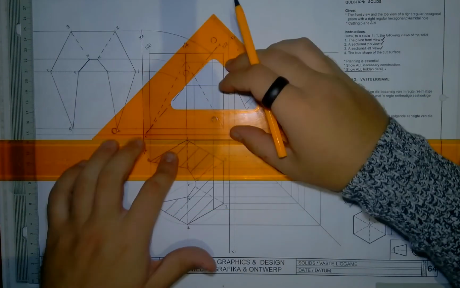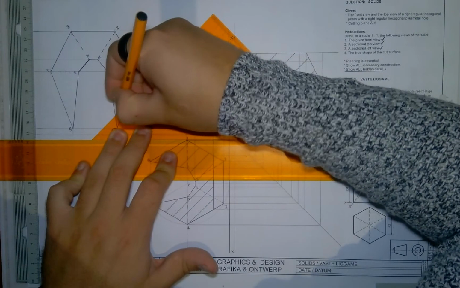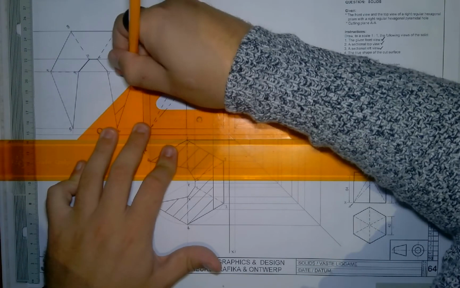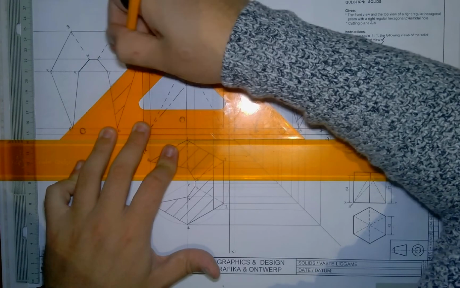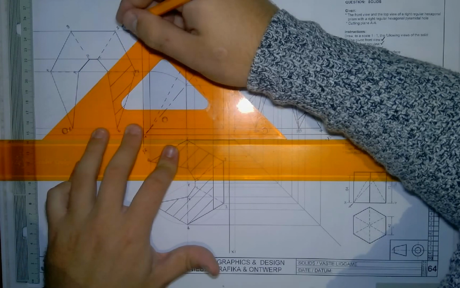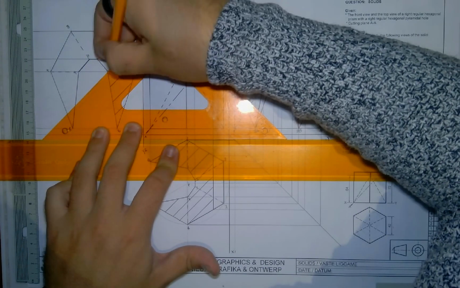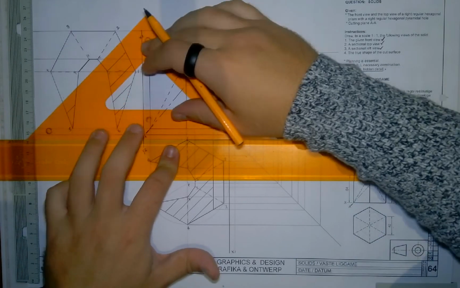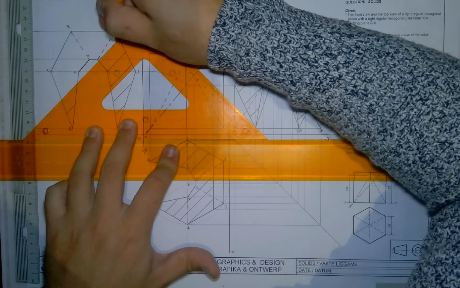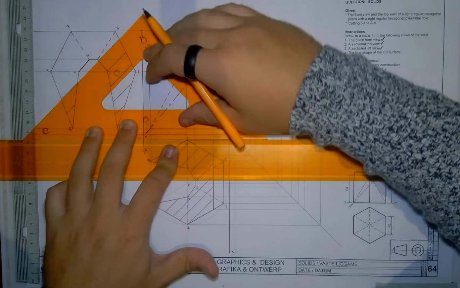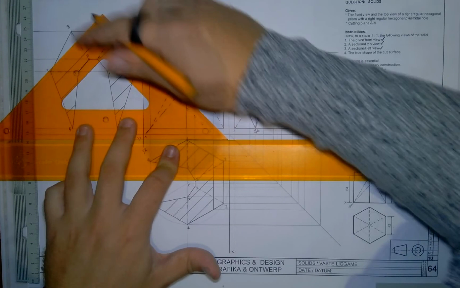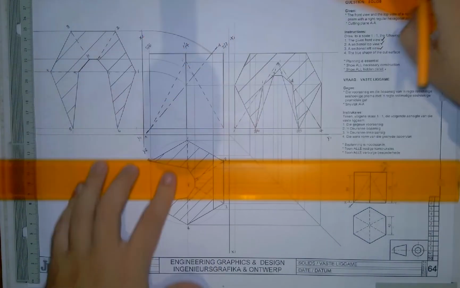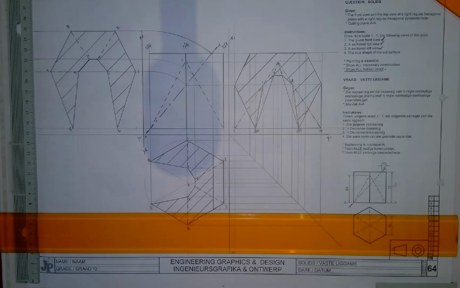Okay, and then not done yet because remember it is a cut, so we have to go and put in our section lines, our hatching. And that is then my true shape.